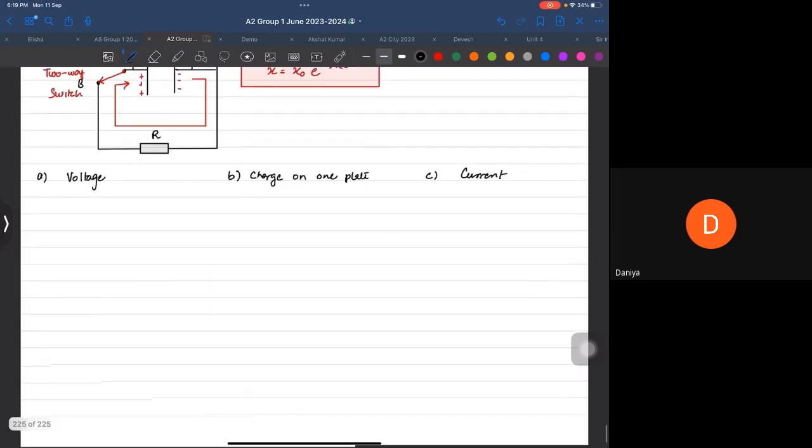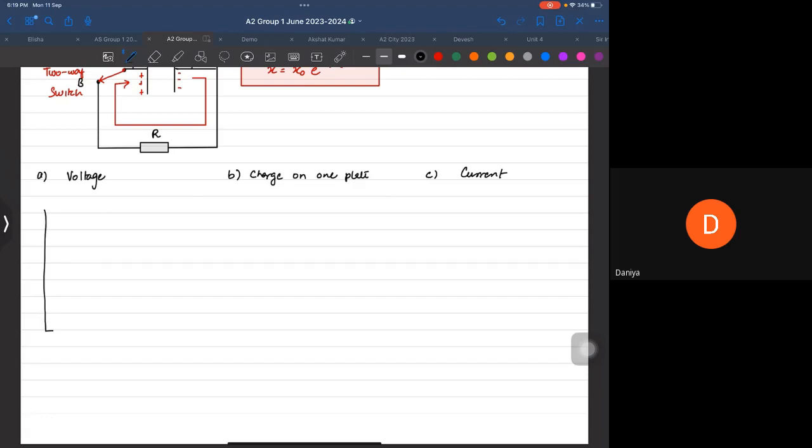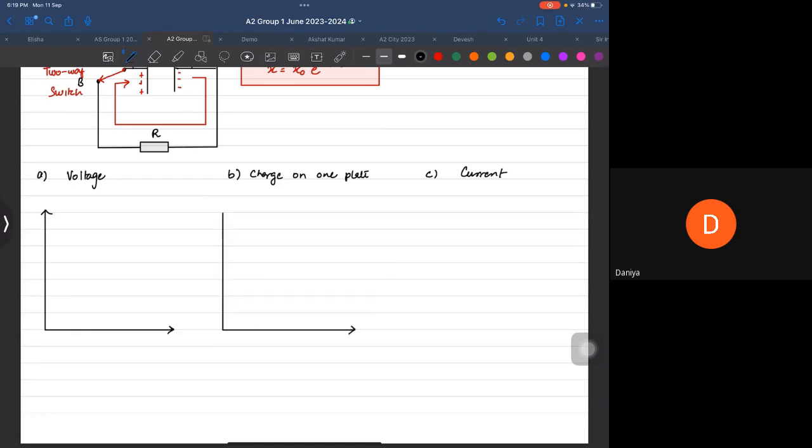Now, you have voltage against time on this side, charge against time on this side, and current against time. So all of these graphs, interestingly, have the same shape, just an exponential shape, but they will never touch the x-axis because exponential graphs never do that.